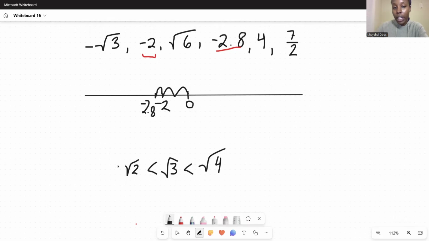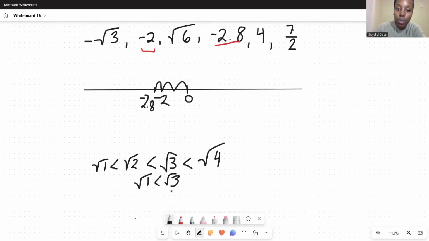So we have to say that the square root of 2 is greater than a number. Let me think of 1. If the square root of 1 is less than the square root of 2, and the square root of 3 is greater than the square root of 2, then the square root of 1 is less than the square root of 3, which is less than the square root of 4.